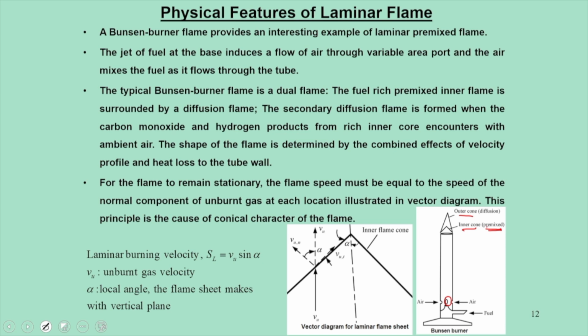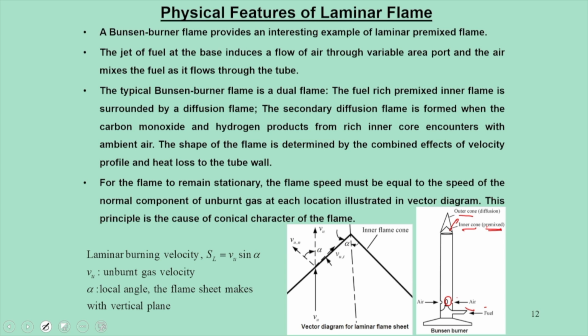This inner premixed flame is formed in the inner region, mainly due to the air and fuel that enter under our control. But once this inner flame is formed, it has a tendency to mix with outside air, so it diffuses with the outside air.